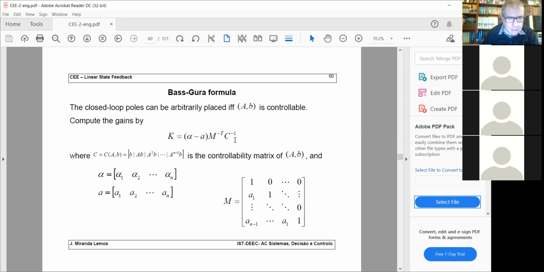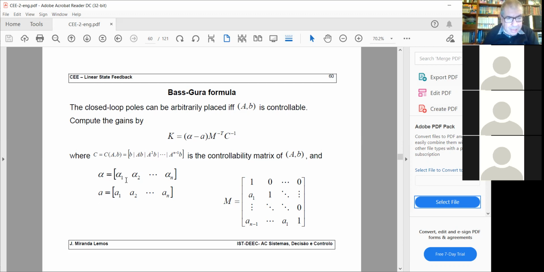No ideas? You have this alpha minus A, okay? A defines the open loop poles, it's a polynomial that defines the open loop poles, and alpha, the desired closed loop poles.